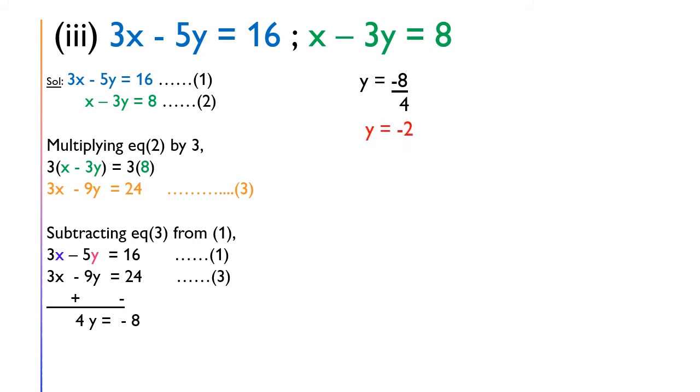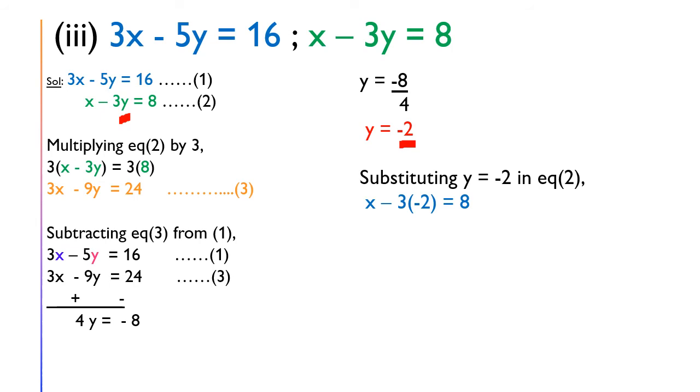Now we'll be substituting this value of y in any of the equations. I guess substituting in the second equation will be easy. So x minus 3 into y; instead of y we have substituted minus 2.